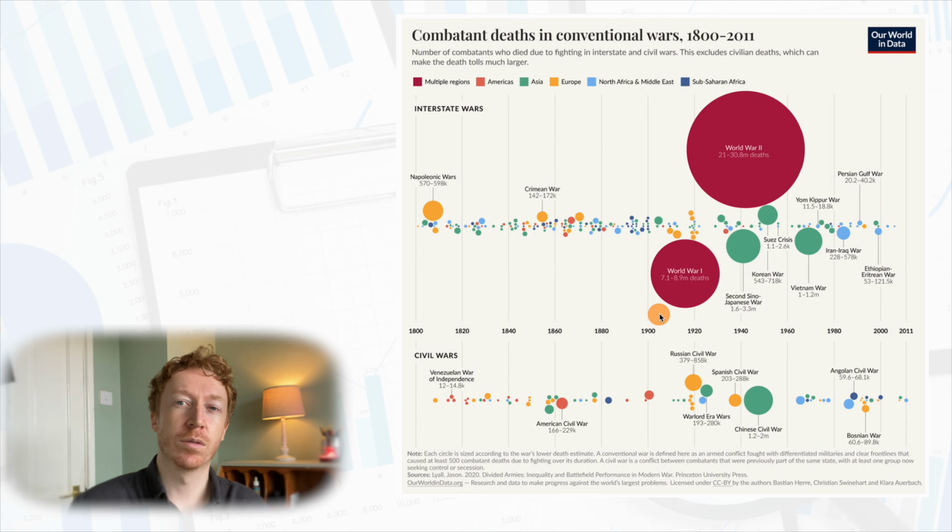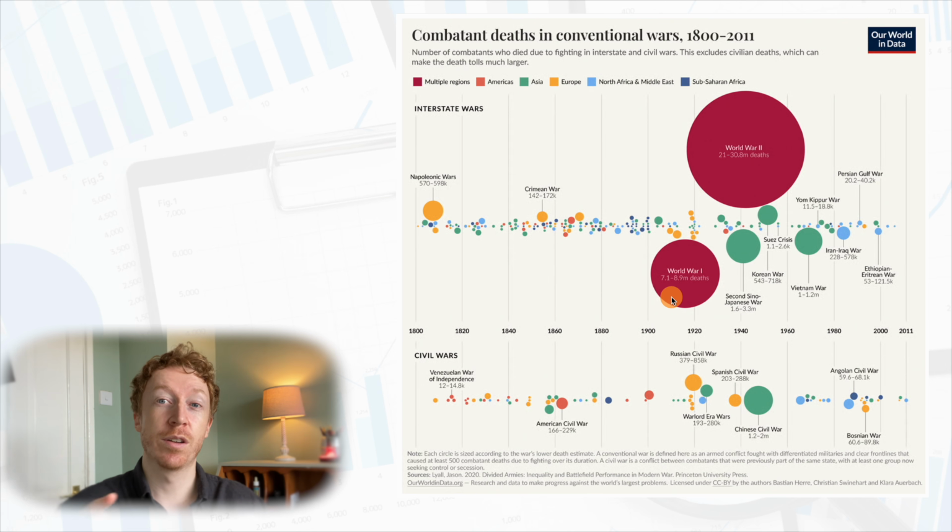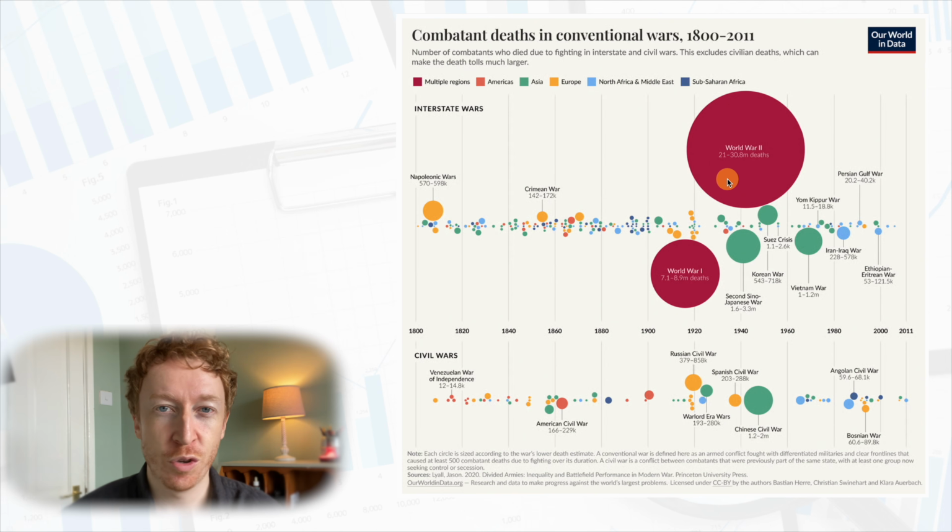World War I was a war on a huge scale, and between 7.1 to 8.9 million people died during World War I, according to this chart. And only around 20 years after that, we have the largest war in human history, World War II.